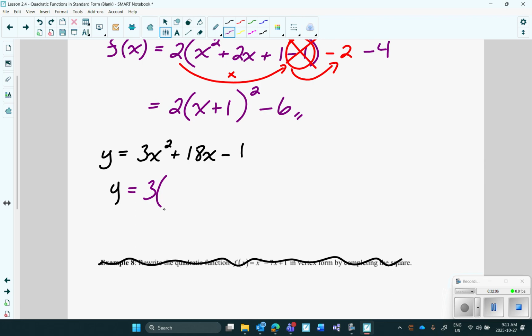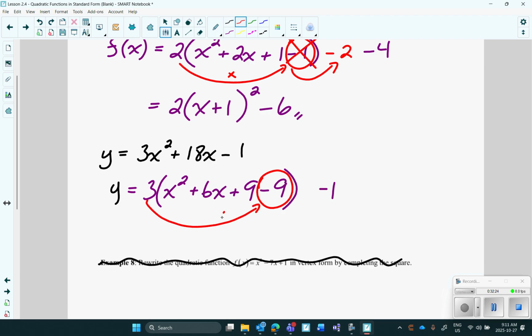What am I left with? Plus. Good. Minus 1 is way out here. Add and subtract 9. But I got to bounce this out by multiplying by 3. And therefore, what does it become when I bounce it out? Negative 27.